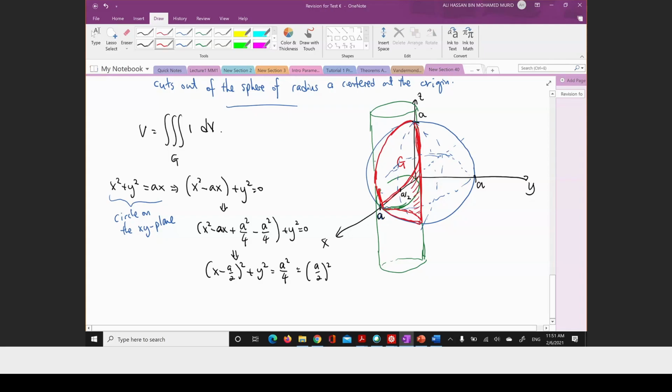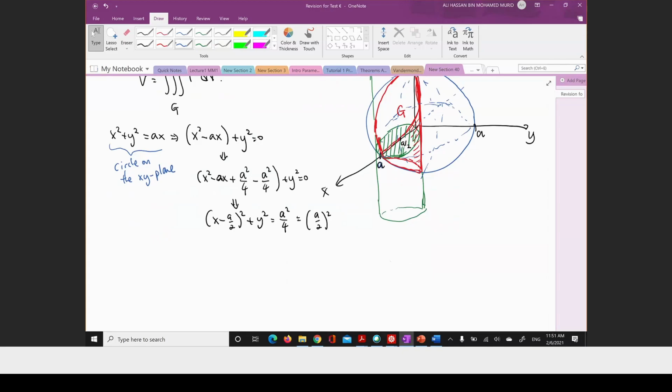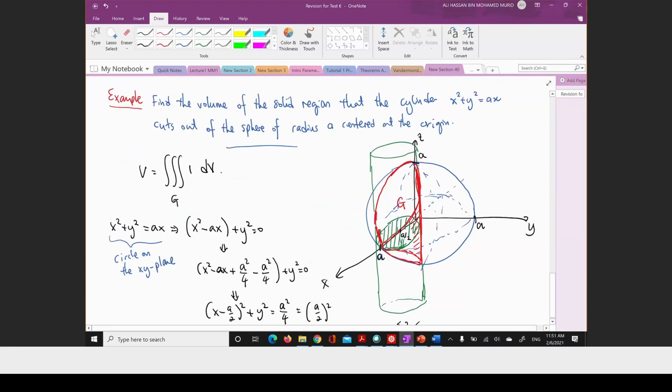So z is bounded above by the upper hemisphere and bounded below by the lower hemisphere. And xy is in this green shaded region here. So as you can see here, z is bounded above by the upper hemisphere. Right?